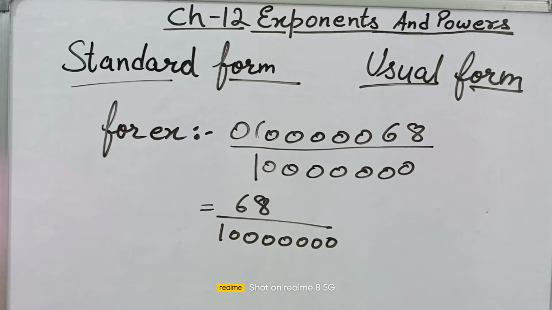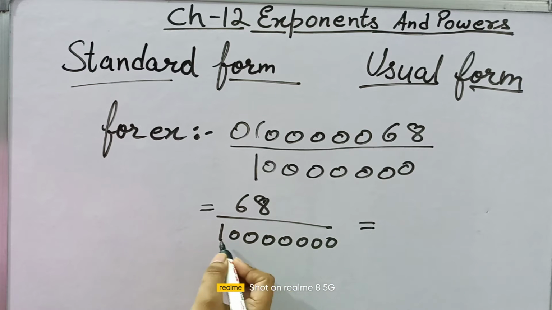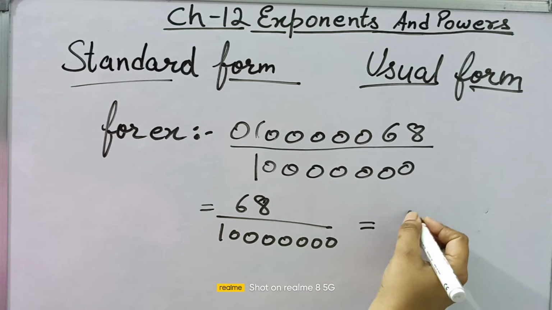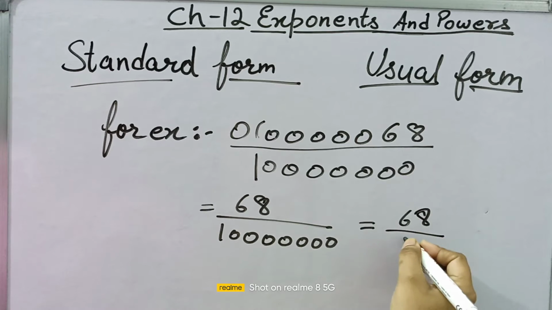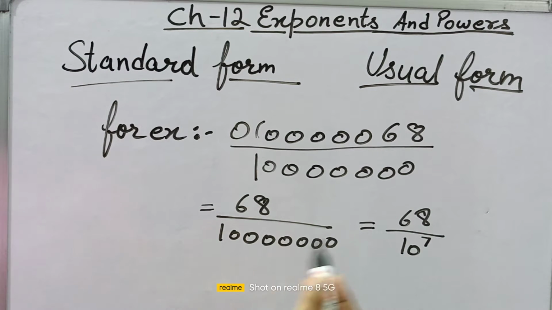this. Now how we can write it in standard form? We can write this number in terms of exponents. Like we know this is 10 raised to the power 7. We can write it as 10 raised to the power 7. You all know that. Why I had written it as 10 raised to the power 7?